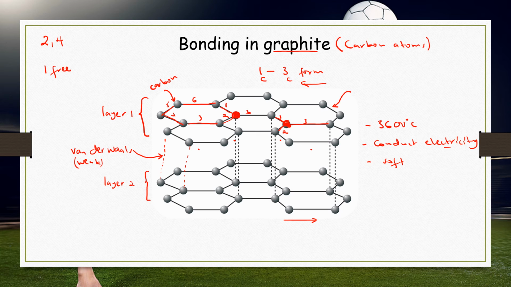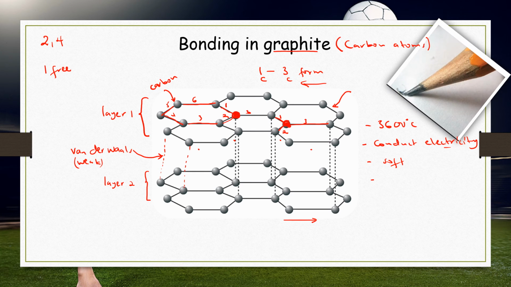So because of its softness, it can easily slide. We can easily use it in making our pencil leads. We just have to mix it with some clay, and then we can create our pencil leads. It's also good at working as an electrode because it can conduct electricity.